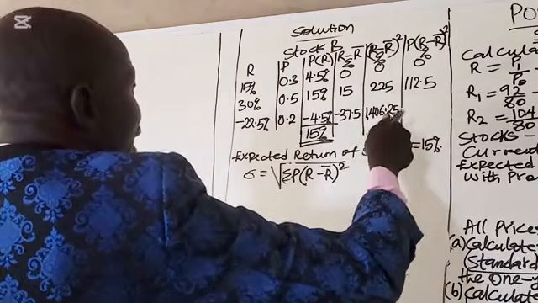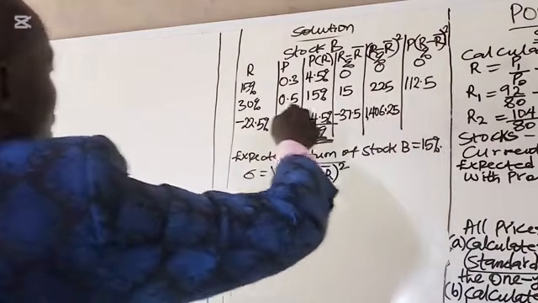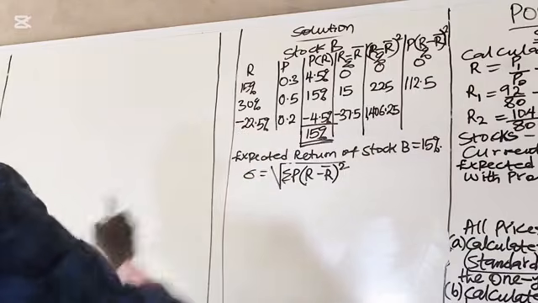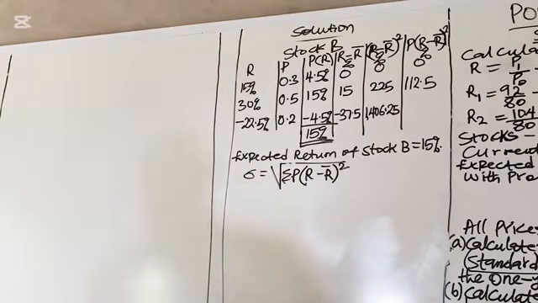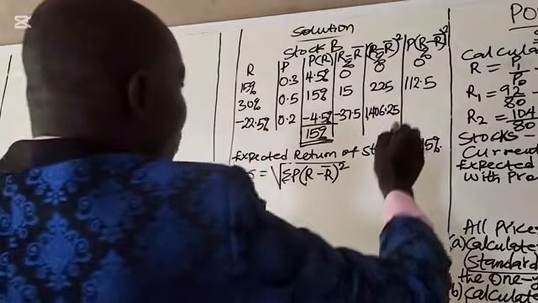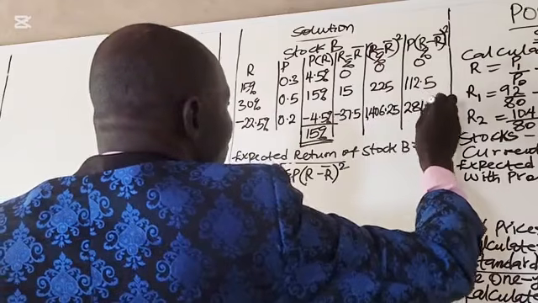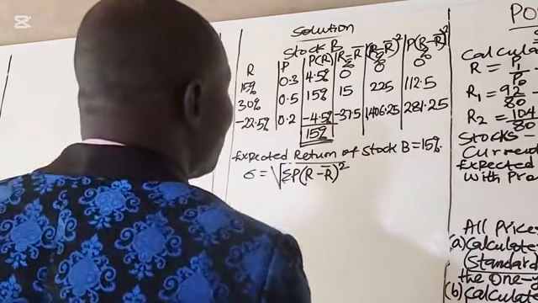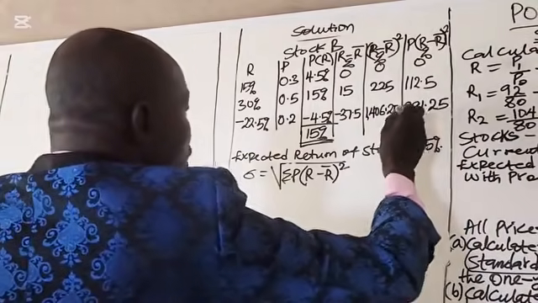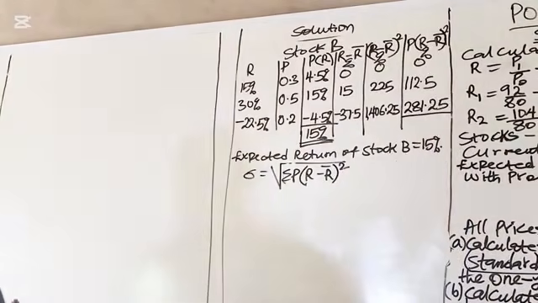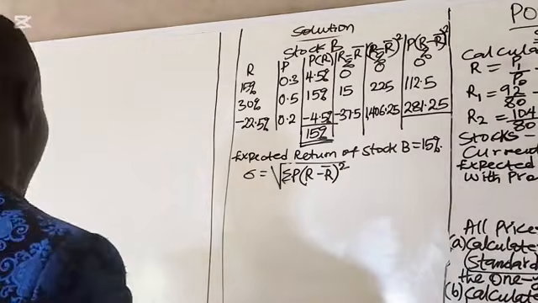If you multiply it by the probability of 0.2, that gives us 281.25. So if you add 281.25 and 112.5, the total is 393.75.